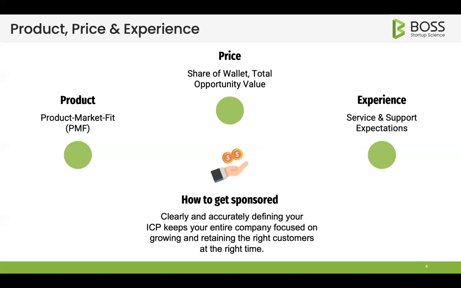Now, one of the ways to do this is to identify specifically what else is happening in the ecosystem. Where are other people competing? Now, by identifying your ICP very early on, you could determine where the product market fit is within that ecosystem.